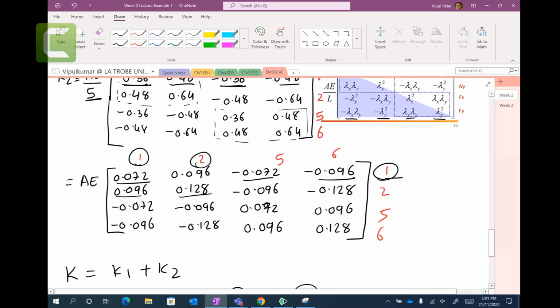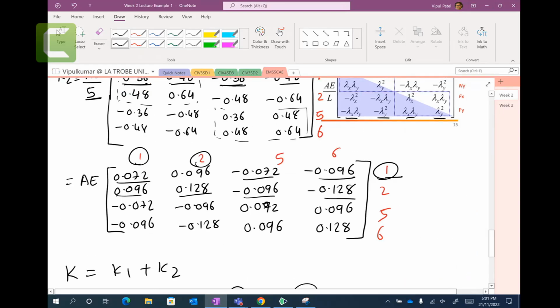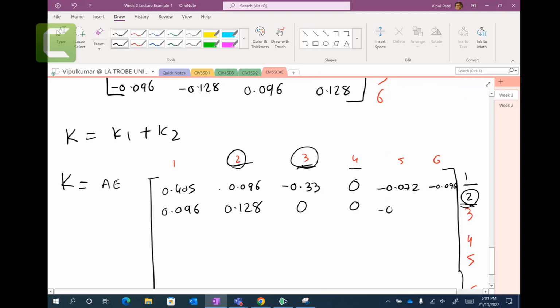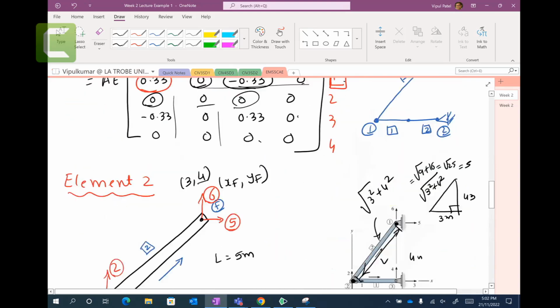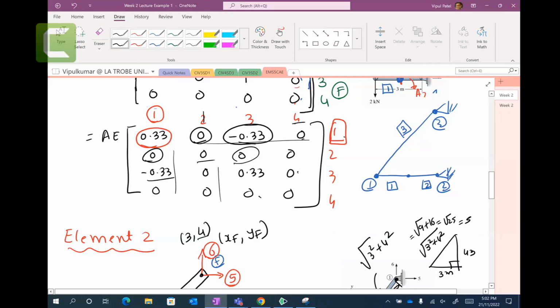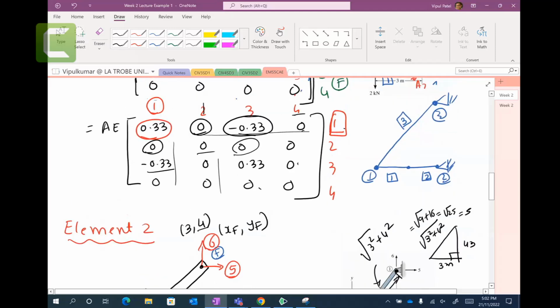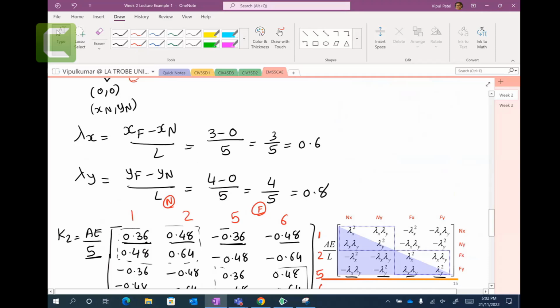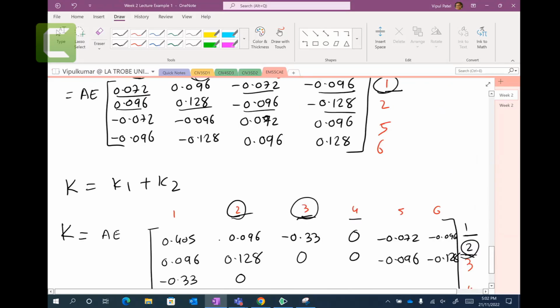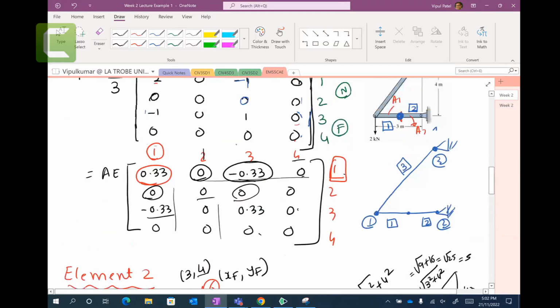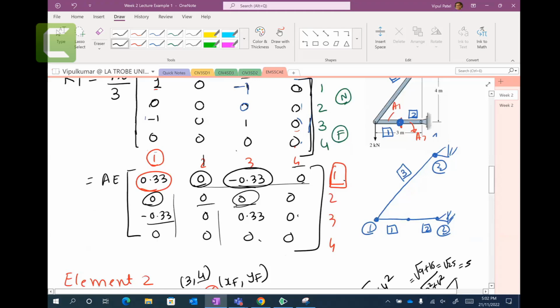5 2. Only 5 2 is here. 6 2 is here. Minus 0.096 and minus 0.128. 3 1. Go here, 3 1 minus 43. 3 1. 3 2 0.